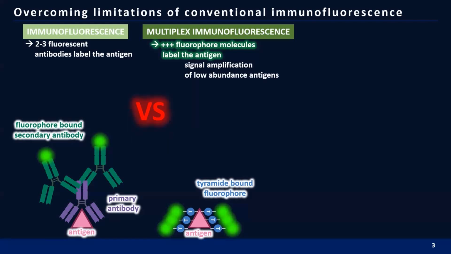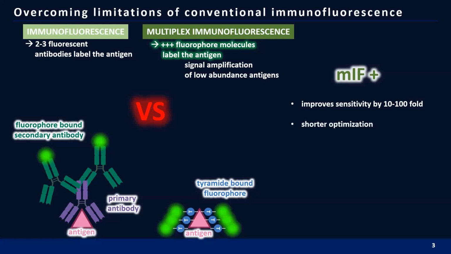If we want to compare between the two, multiplex immunofluorescence is 10 to 100-fold more sensitive than conventional immunofluorescence. And on top of that, the cyclic staining protocol allows the use of same species primary antibodies without any cross-reactivity, which not only reduces the optimization time, but also permits the multiplexing of up to 8 markers, otherwise impossible due to primary antibody species limitations.